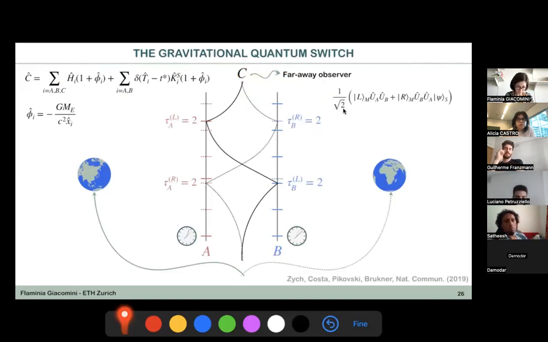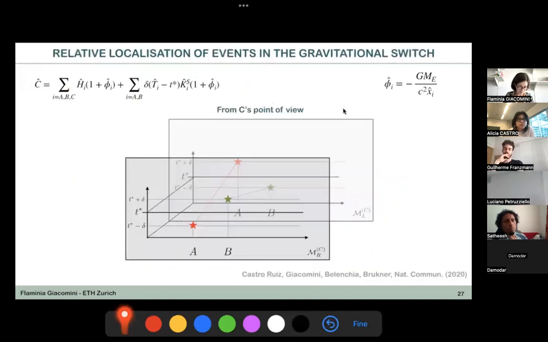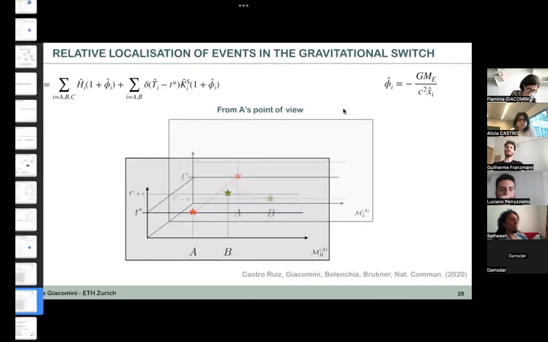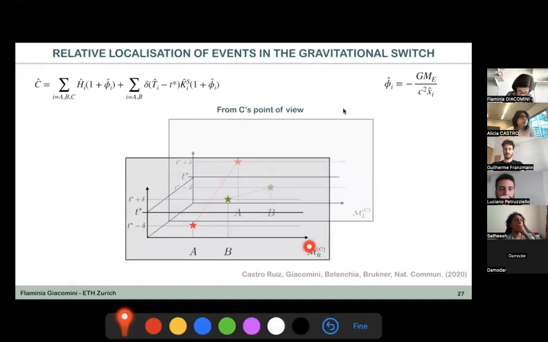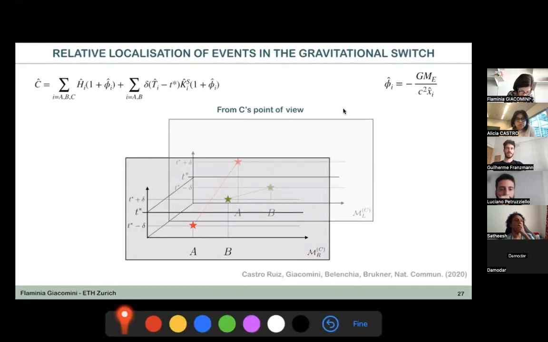Now, if we take the faraway observer's point of view, and this Hamiltonian here, then what we obtain is that if the mass is on the right, the operation in A happens at some T star minus delta, and the operation in B happens at some T star plus delta.